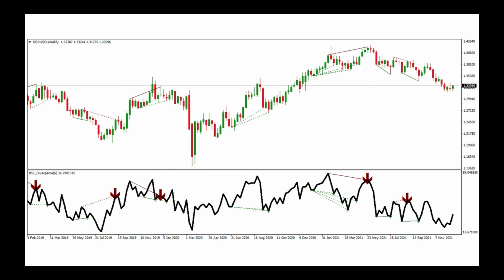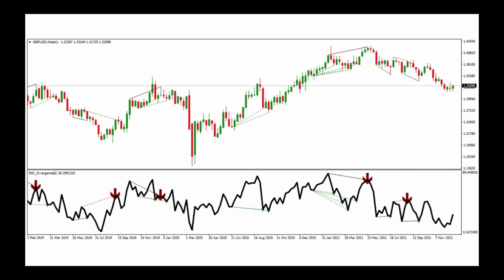So this is the picture of the indicator, and it works very simply. As you can see, this indicator can detect bullish and bearish movements on the oscillator and bullish and bearish movements on the chart.